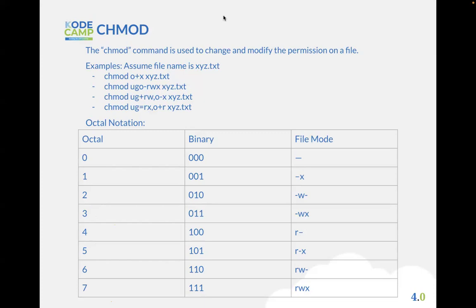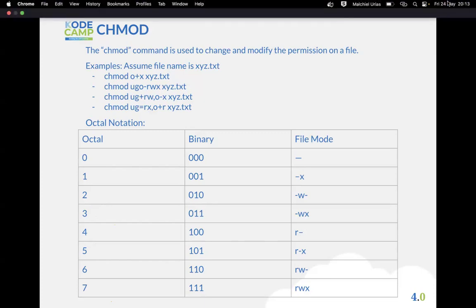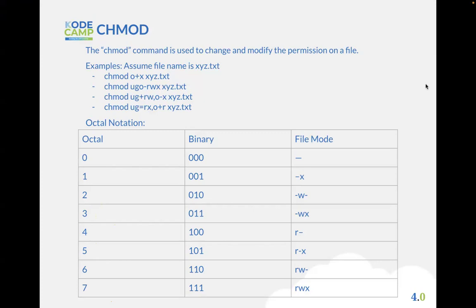Okay, sir. Can I ask a question? Yeah, go ahead. I see that this notation is only octal. Do we have anything for hexadecimal and the rest? It's only octal we have been using.